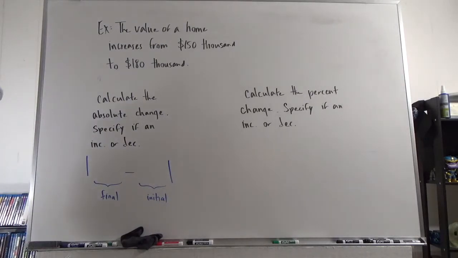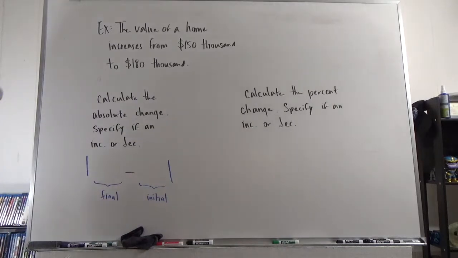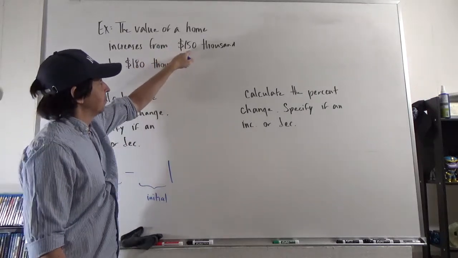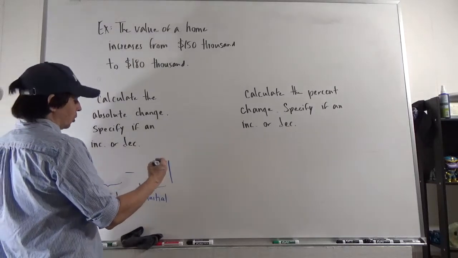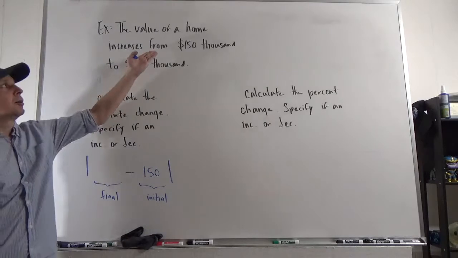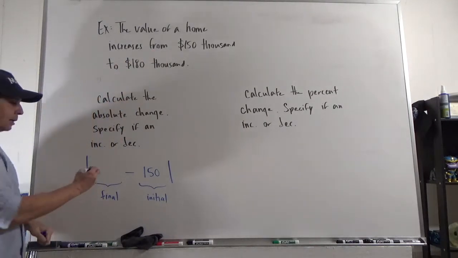But we will disregard that negative sign because we're going to be taking the absolute value. And it's important we know which one's the final and initial. It starts from 150. It's not 150 minus 180. 150 is your original. It starts off at 150, and from 150 it increases to 180. So 180 is your final.